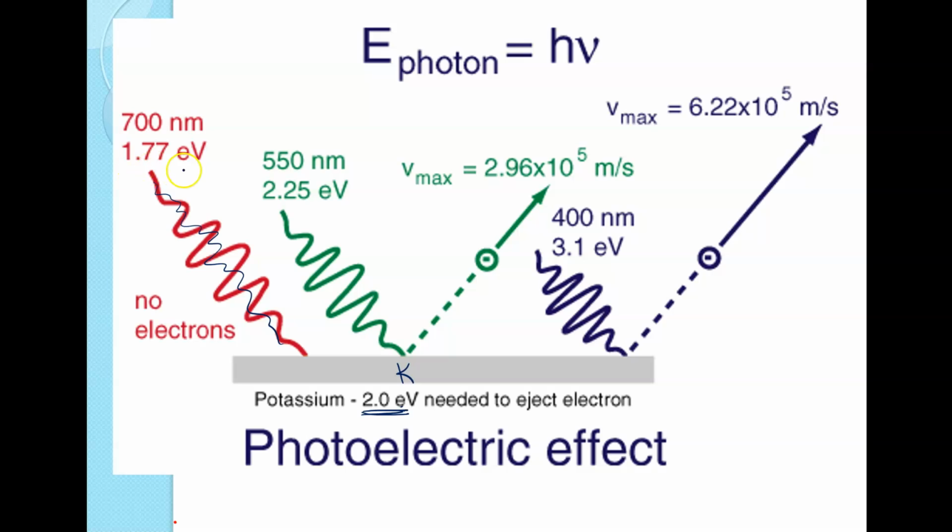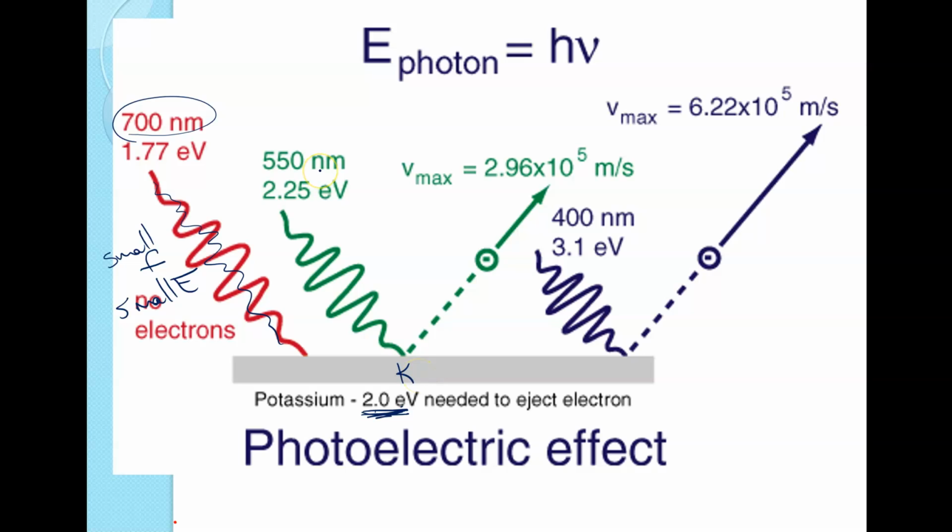Because red light has a very small frequency, therefore it has small energy. And if it has not enough energy to kick off that electron, then it doesn't matter how many red photons I shoot at it, none of them have enough energy to pop off an electron. Not one of those photons.